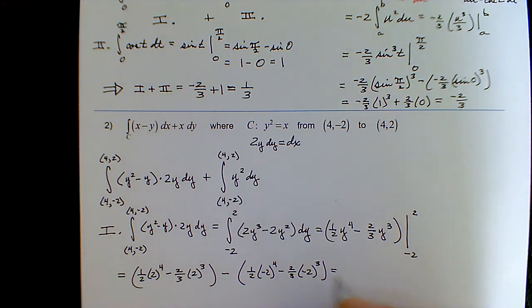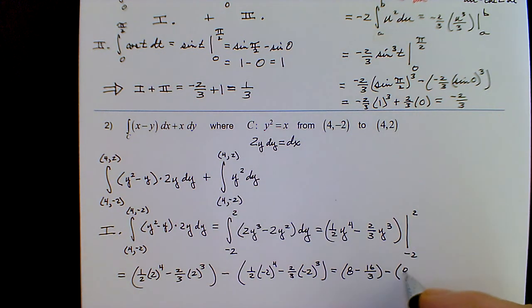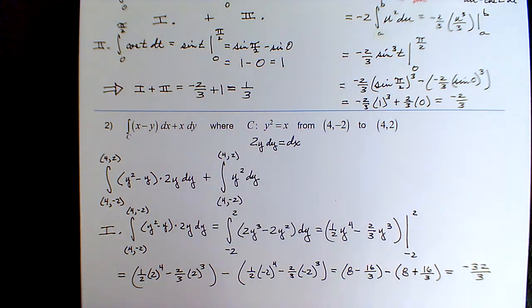That gives us 16 over 2 is 8, minus 16/3, and then minus 16 over 2 again, 8, minus, actually it becomes a plus because negative 2 cubed is negative 8 times negative 2 makes it plus 16/3. However you do your arithmetic, I just see the 8's cancel, and then minus 16/3 minus 16/3 would be minus 32/3.